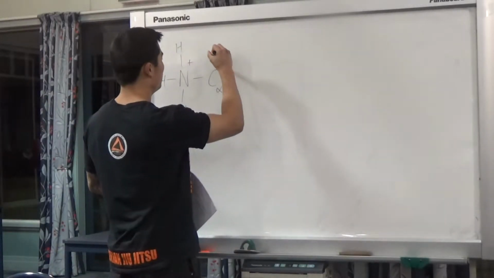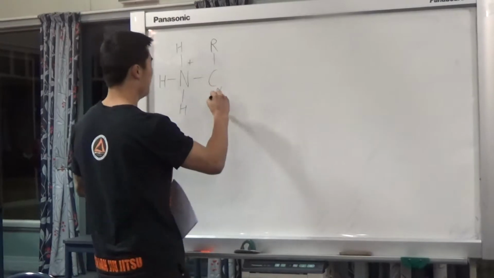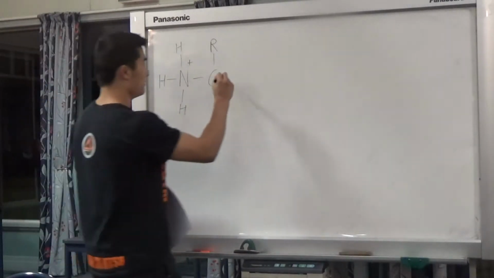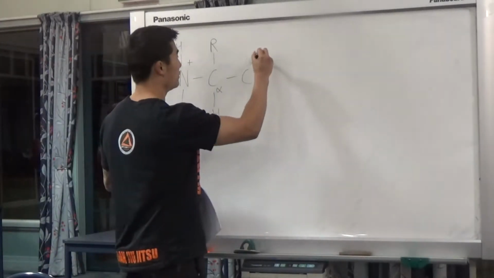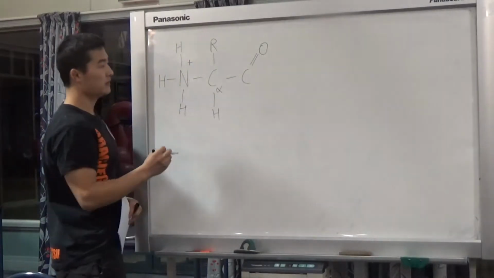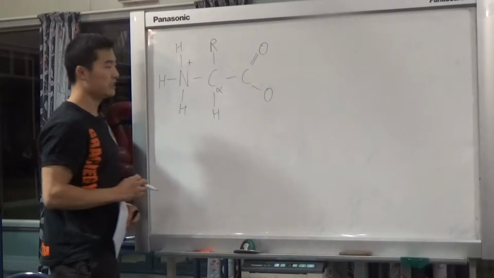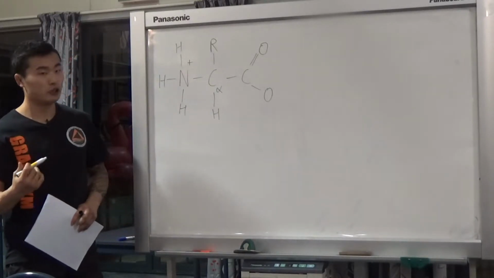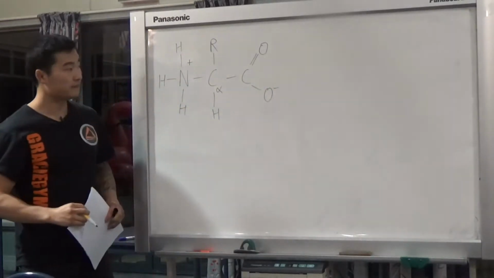And then the alpha carbon is going to have an R group attached to it, and it's also going to be bonded to a hydrogen. And then you're going to have your carboxyl carbon, so that's going to have your double bonded O and your OH group, but at physiological pH that's going to be deprotonated, so it's going to be negatively charged, right?